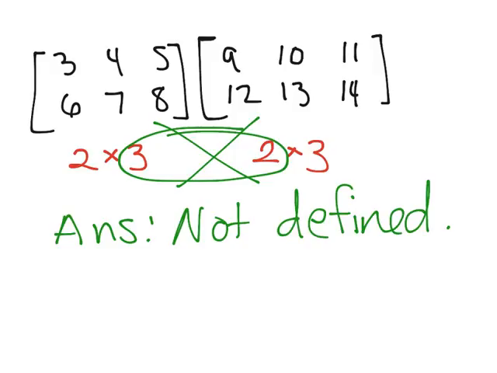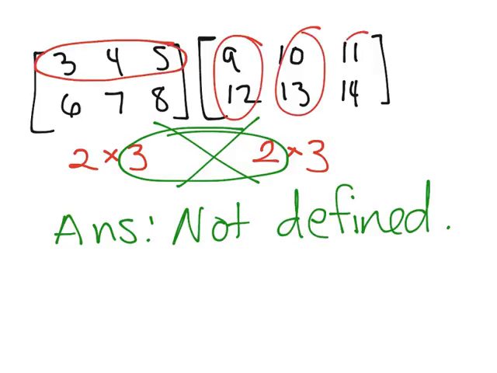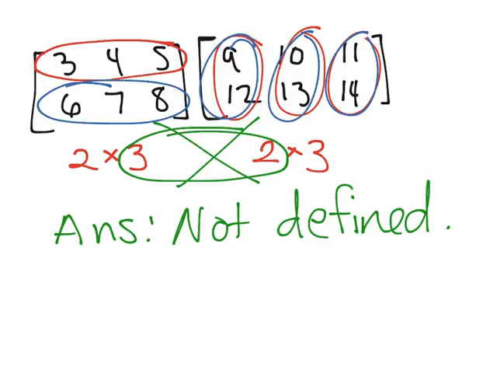And let's see why this happens. You know that we need to multiply our first row times every column in our second matrix, and then our second row times every column of the second matrix, right?